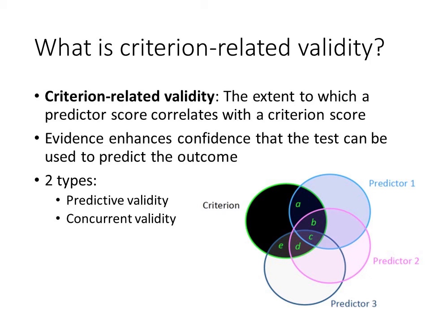We might use an interview, a personality test, and a work sample to predict job performance. When we assess criterion-related validity, we can determine how well those three predictors, individually and as a group, predict performance. It may be that two of them do a really good job and the third one is a waste of time and money.